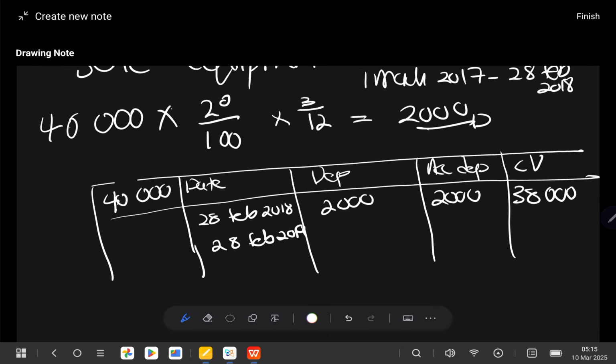Okay, so the depreciation will be calculated on the carrying value. So we'll take 38,000 multiplied by 20 divided by 100 multiplied by 12 divided by 12. So in that year this equipment was with us for the entire year, so it will be 7,600.